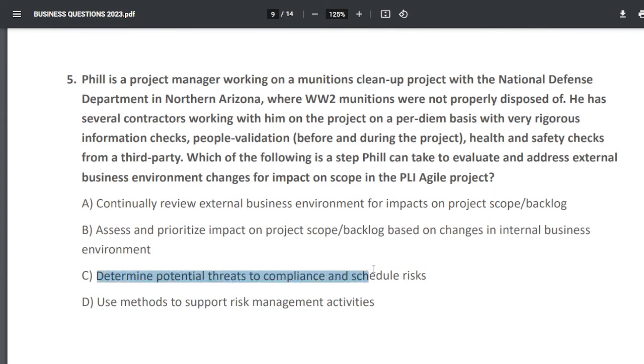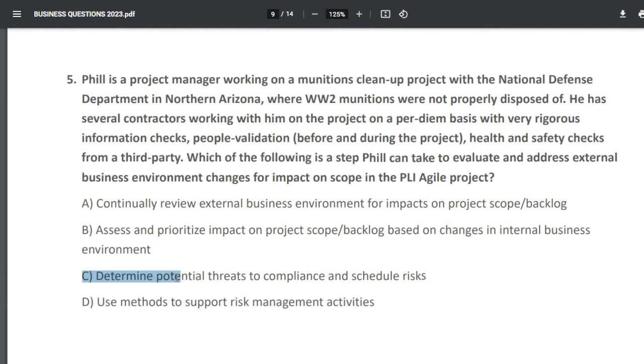C, determine potential threats to compliance and schedule risks. But what exactly are we being asked? We are being asked what step Phil can take to evaluate and address external business environment changes. So external business environment changes, this and this have less relevance to what you are being asked.